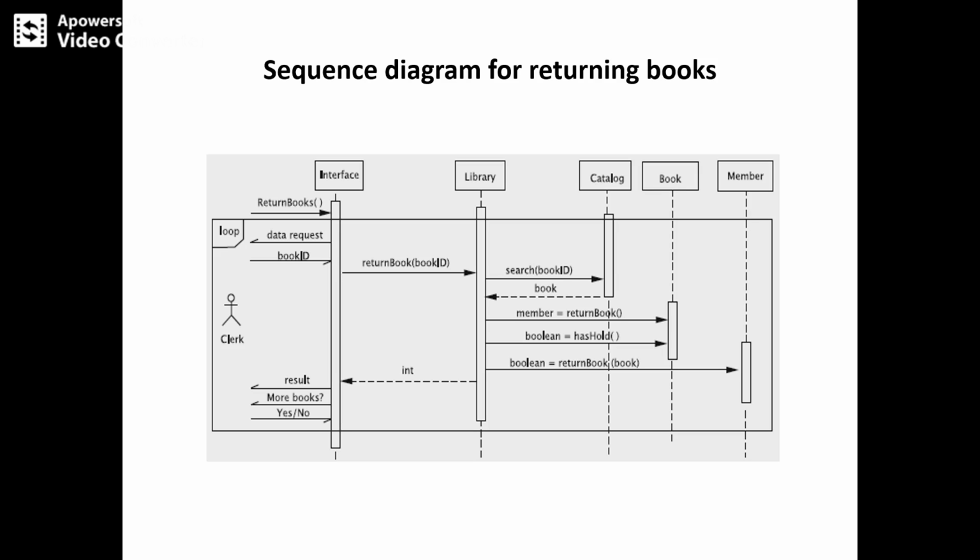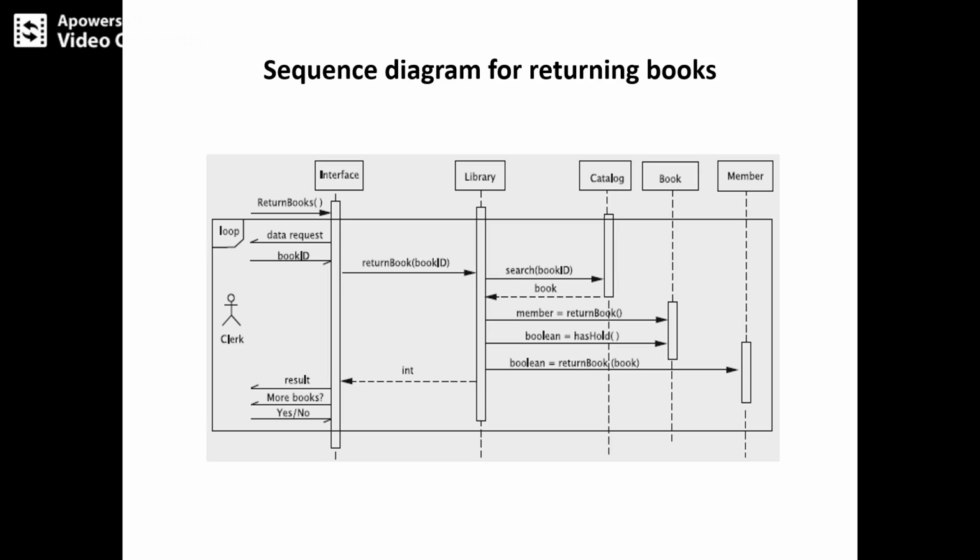The boolean values. Why do we need to check whether any customer has a hold on a particular book or not? So that we need to check. That's why boolean equals return book, which is the return book method of the book object. Again the return type is integer. Yes, the return type is integer.